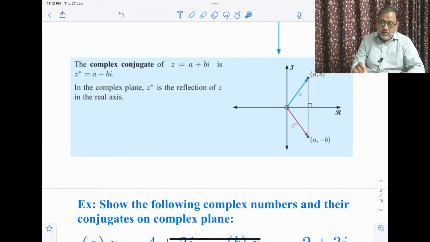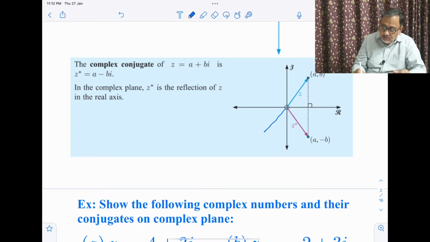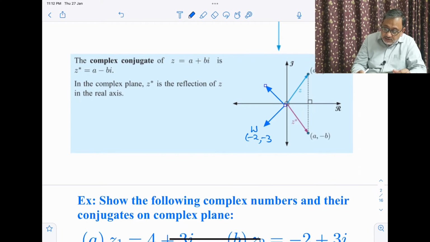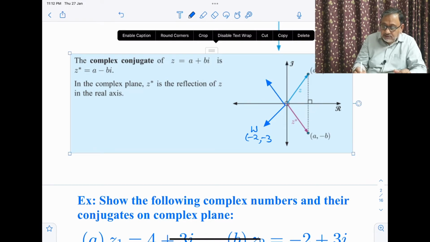Or let me show it here permanently so that you can have it in the PDF. So here is w, which is (-2, -3). Then its complex conjugate will be the exact reflection of it in the real axis.